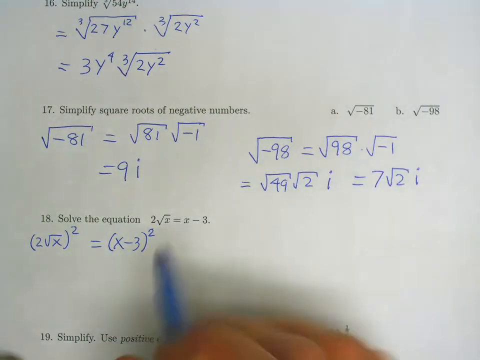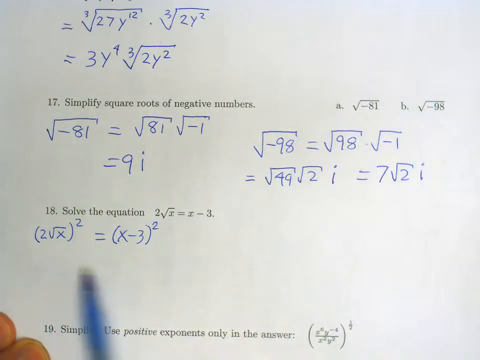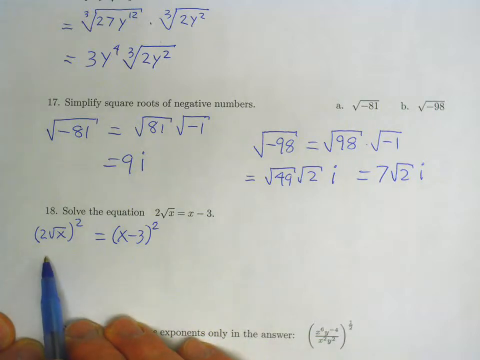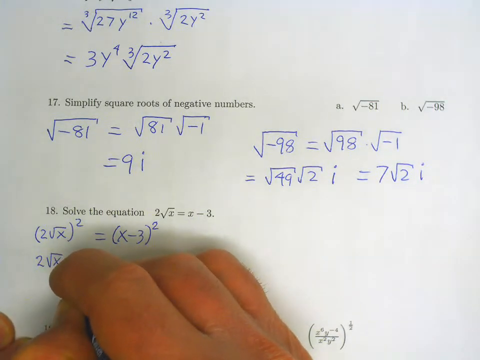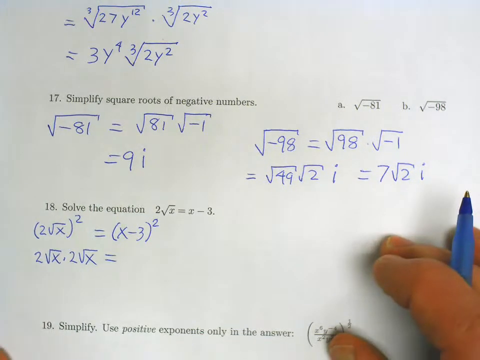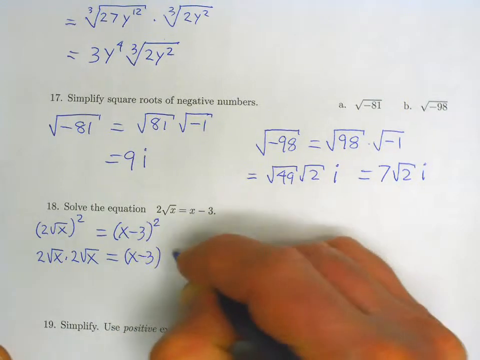Sometimes students forget what it means to square something, so I'll reiterate that. When you square the term 2 times the square root of x, it means to multiply 2 times the square root of x times 2 times the square root of x. On the right-hand side, x minus 3 squared means x minus 3 times x minus 3.